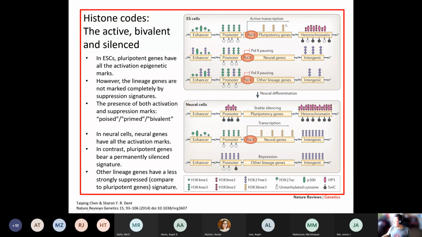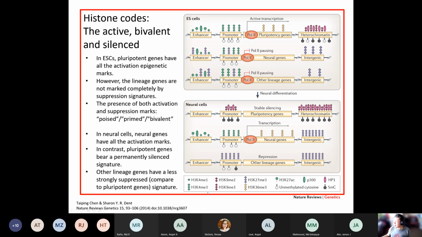And if you observe the modification in the promoter region, you see this green color, as shown here, is H3K4 trimethylation, as indicated here. It's lysine 4 trimethylation.